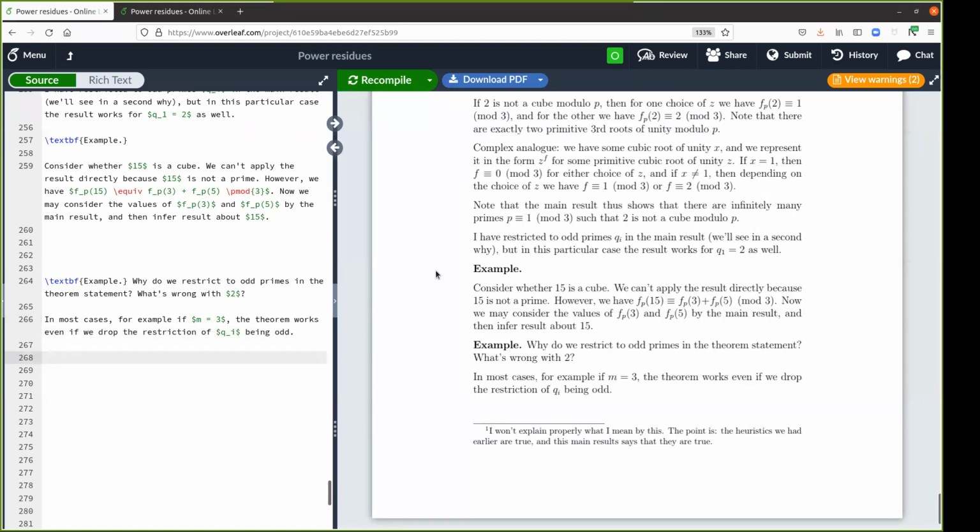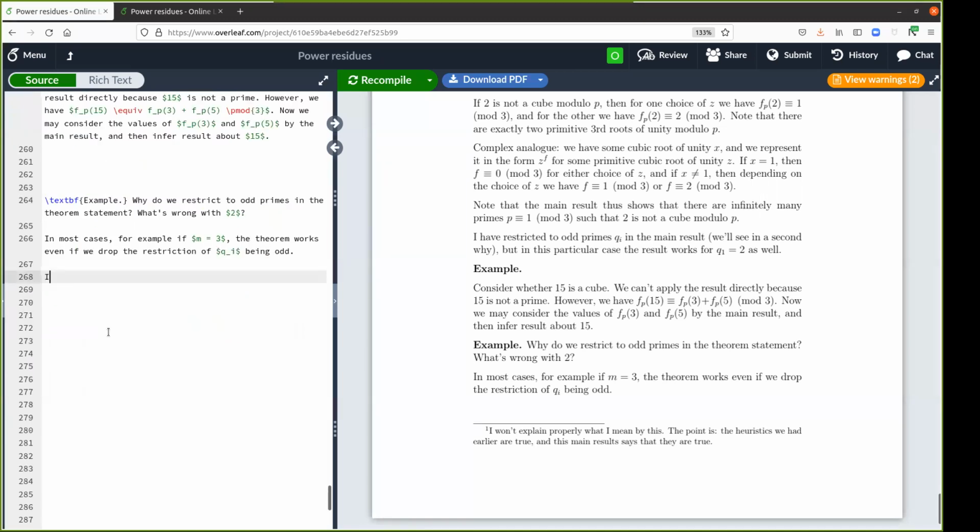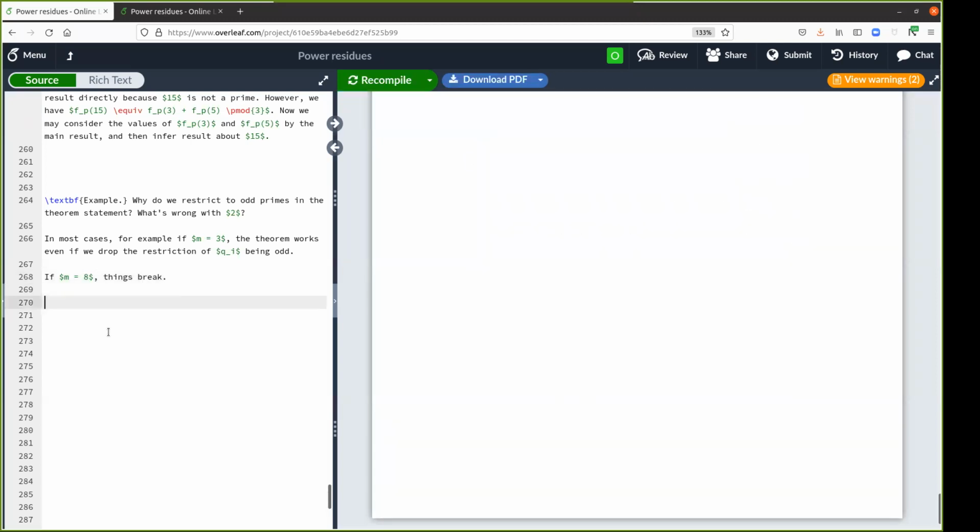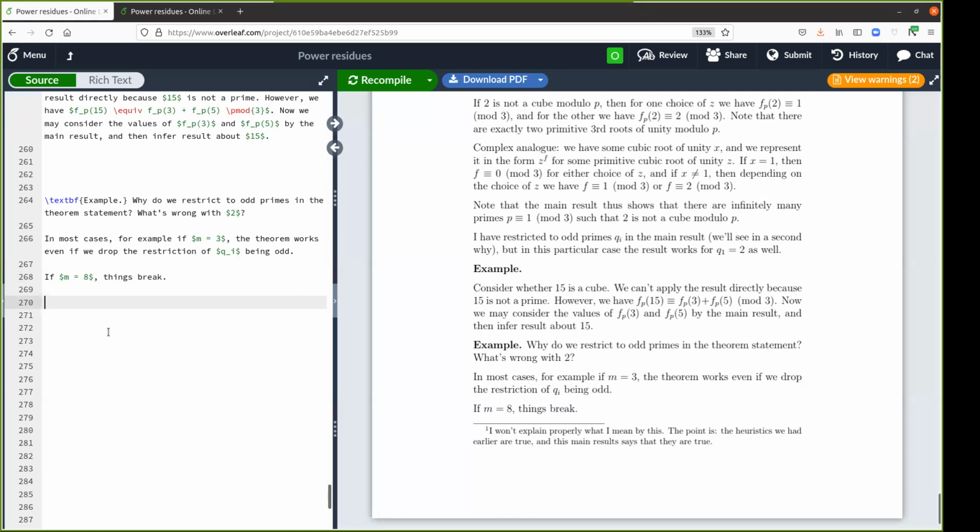So in the case m equals 3, we can apply the theorem even with one of the primes being equal to 2. But if m is equal to 8, then the result is not true.